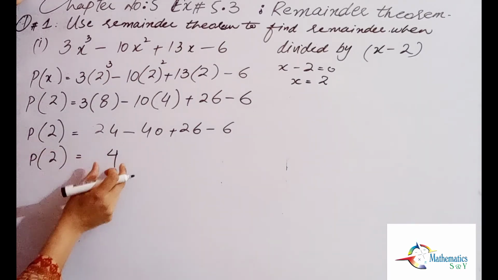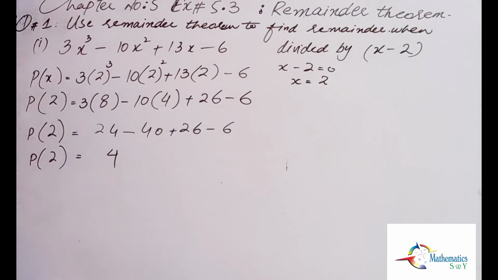The 4 is the remainder of this polynomial. So in such a way we can find the remainder if the divisor is linear, an x minus 2 type divisor, linear meaning the power of the variable is 1, not higher than 1. So we can find the remainder in such a way.